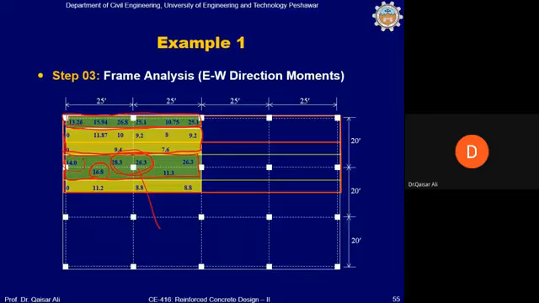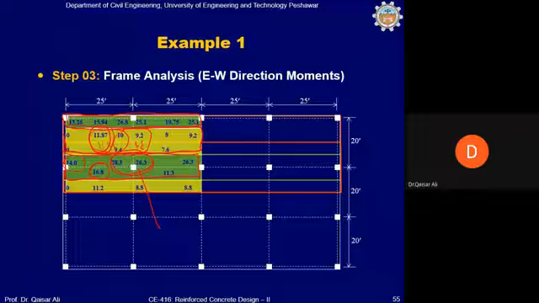Similarly, if you look at this value of 11.87 and 11.2, and for the negative bending moments 10, 9.2, 9.4, and 8.8, over here we have to calculate the reinforcement only for one of these values. So you have to make some adjustment in this so that there is not too much variation in final spacing.